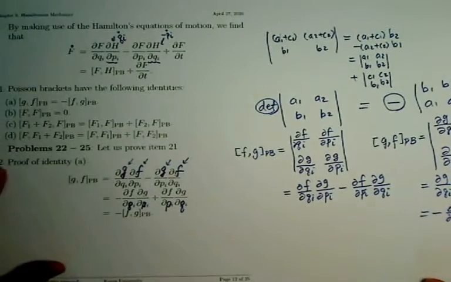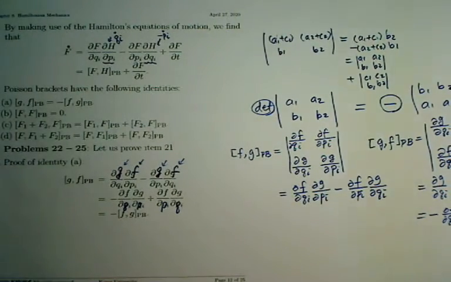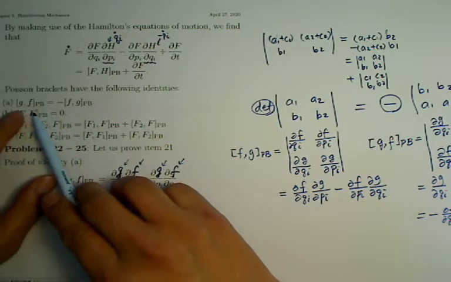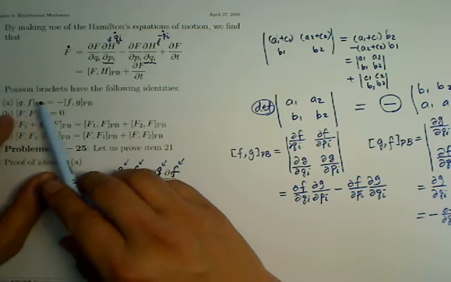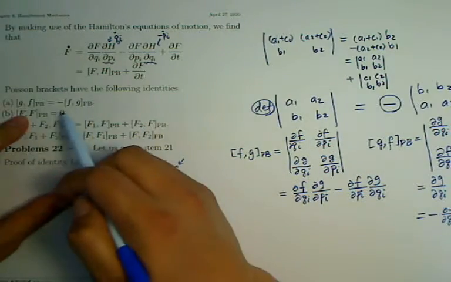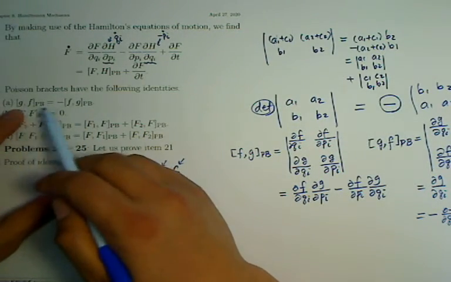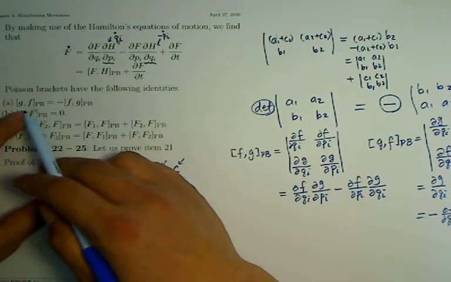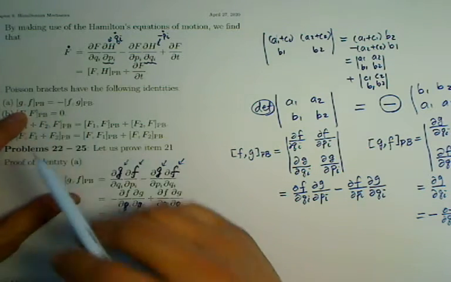The Poisson bracket has various properties. This is because this is a determinant. If we exchange two rows, we have a negative sign. So if the argument functions are exchanged, a negative sign appears.